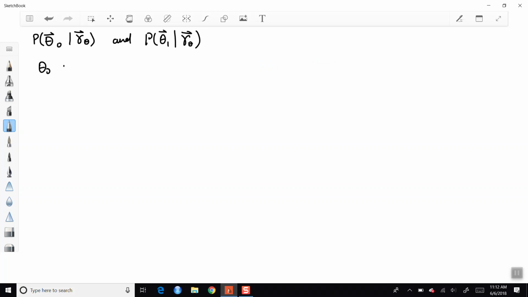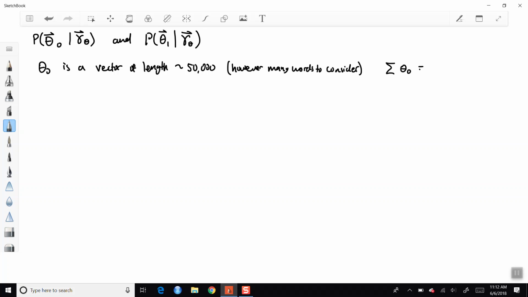So theta 0 is a vector of length, I don't know, on the order of 50,000, however many words we are considering, and the sum over theta 0 is going to be 1, right?